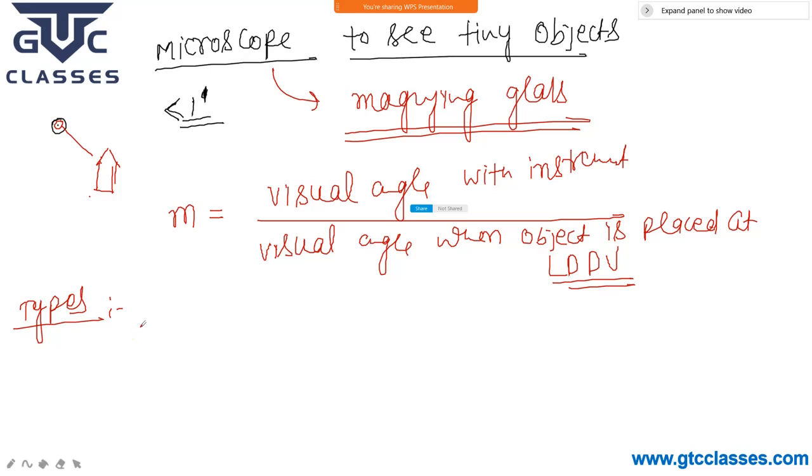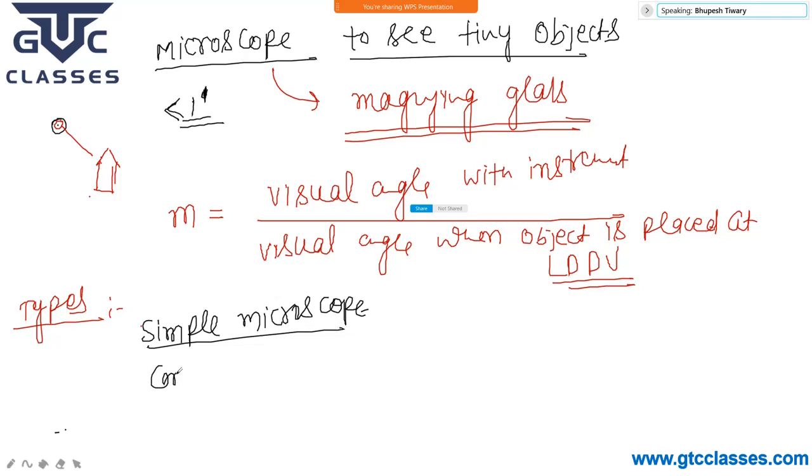What are the types? Any thought? Simple and compound. Simple and compound. What is the difference? Simple uses only one convex lens, whereas compound uses two.